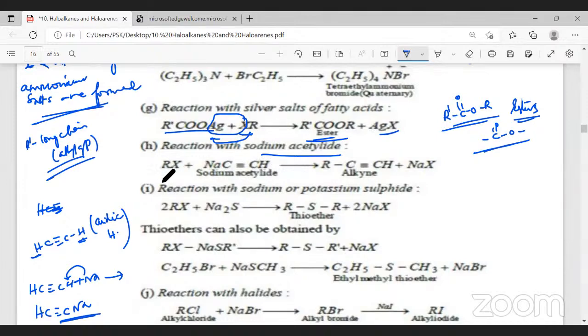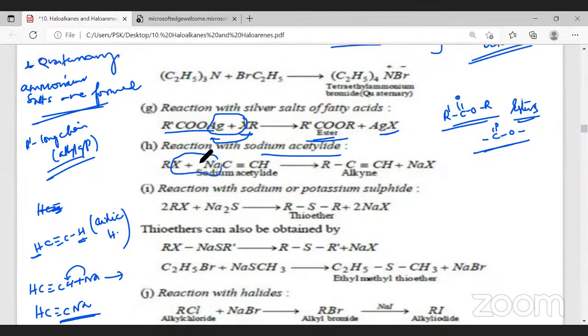All right, when it's allowed to react with an alkyl halide, what happens now? Na and X get eliminated as NaX. In place of Na, R goes. Therefore, we get R single bond C triple bond CH, an alkyne. We can prepare higher alkynes. Higher alkynes can be prepared by the reaction of alkyl halides with sodium acetylide.